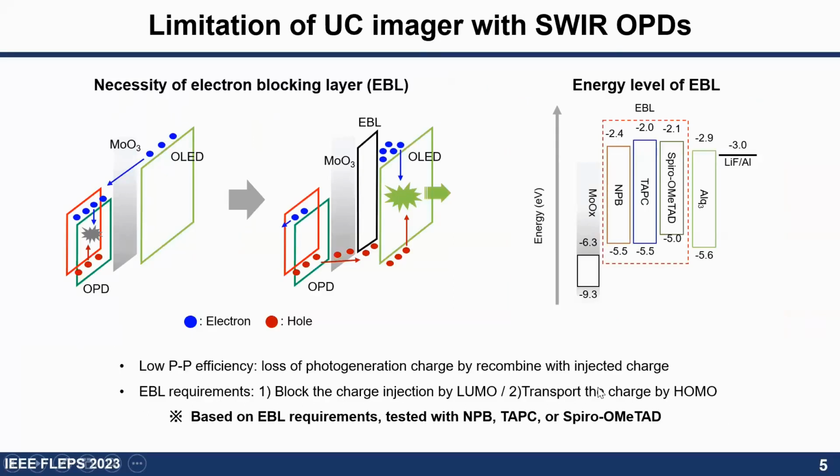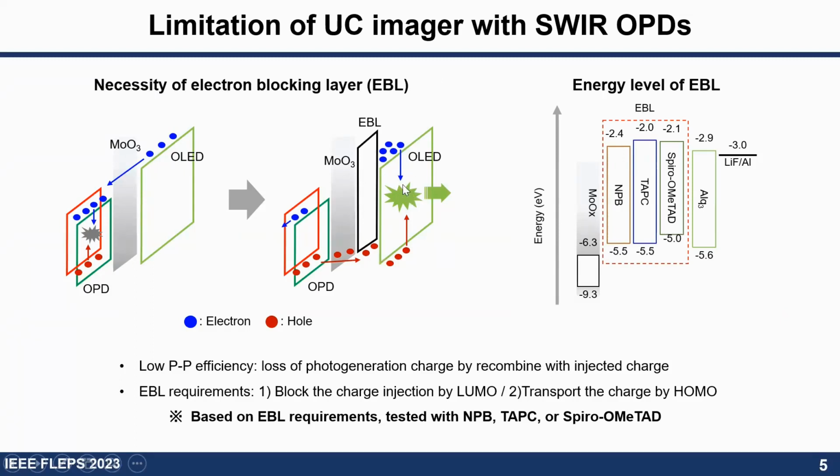But there is a limitation in a conversion imager with SWIR organic photodetectors, because the photo-generated charges are lost by recombining with the charge injected from the cathode. So an electron blocking layer is needed between the photodetector and OLED.